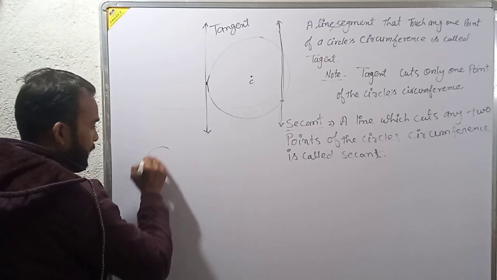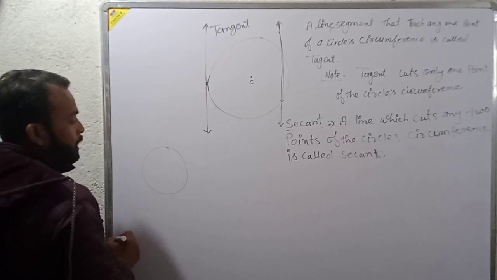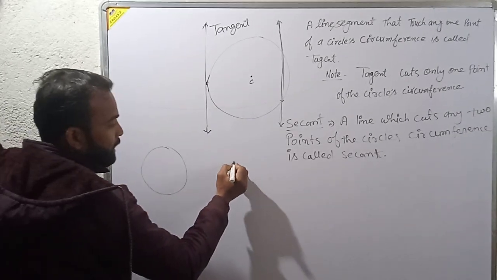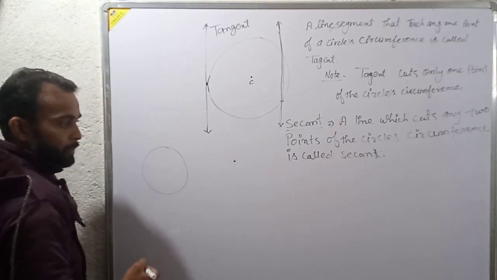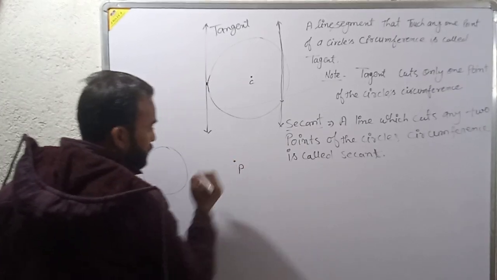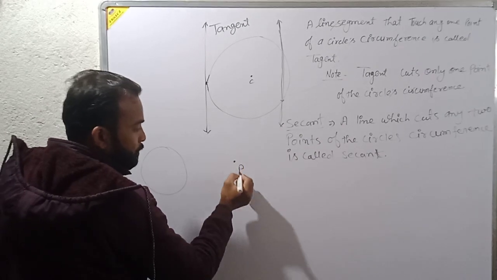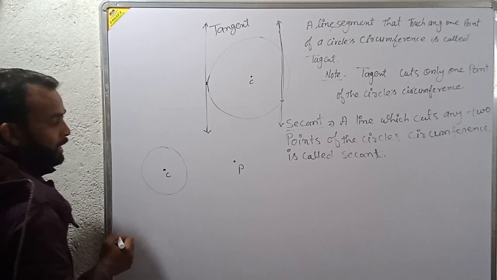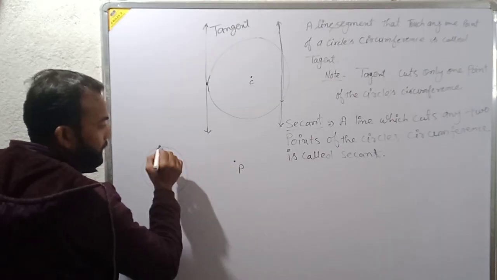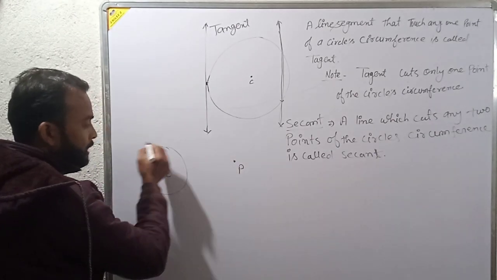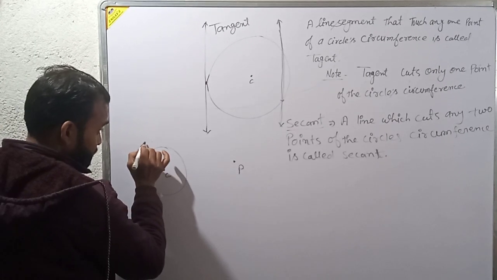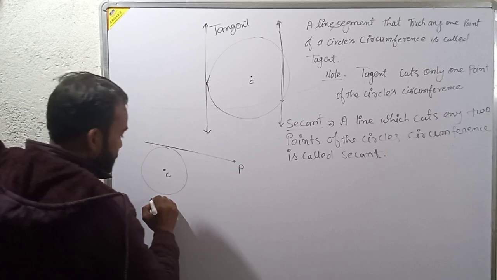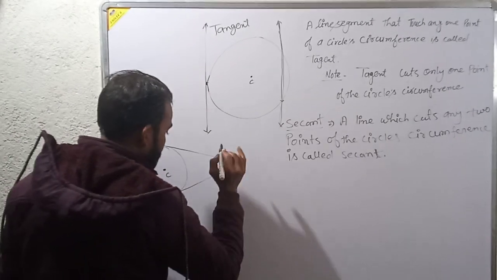Again, we draw another circle and try to draw a tangent from an external point of the circle. Let me suppose this point is P and this is a circle with center C. We draw tangents from point P to the circle. This is the first tangent and this is the second tangent.